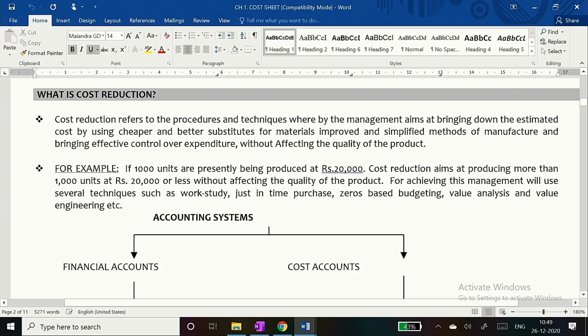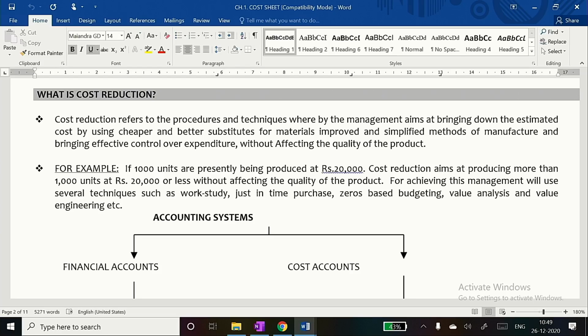Then cost reduction. Cost reduction refers to the procedures and techniques whereby the management aims at bringing down the estimated costs using cheaper and better substitutes for materials, improved and simplified methods of manufacture, and bringing effective control over expenditure without affecting the quality of the product.